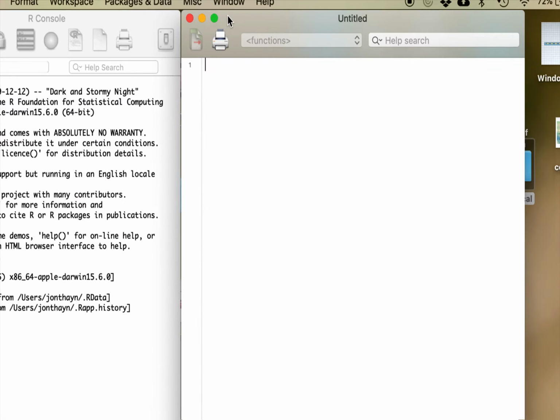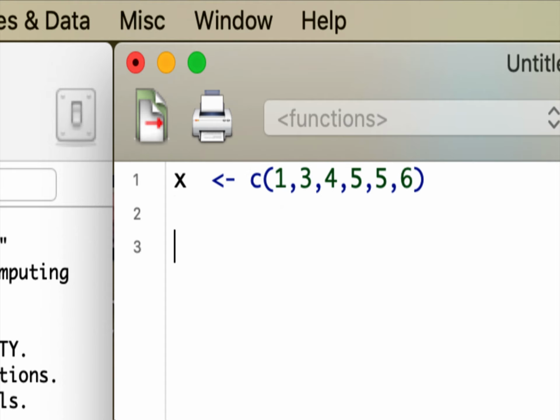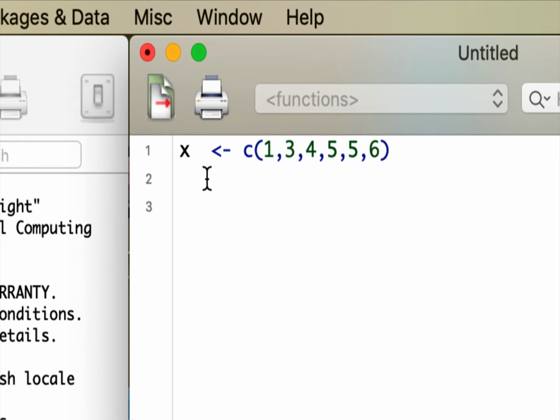All right, calculating the standard deviation and the variance in R is easy. As always, you're getting used to me saying that, right? So the data set that we were looking at were the numbers 1, 3, 4, 5, 5, and 6. We could write out the full equation for the standard deviation, which I will do just to show you so that you can become a little bit more familiar with using R. We're going to take each observation minus the mean of those observations, right?